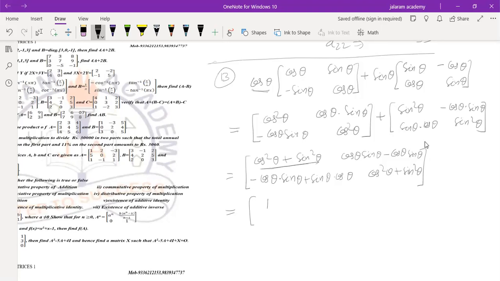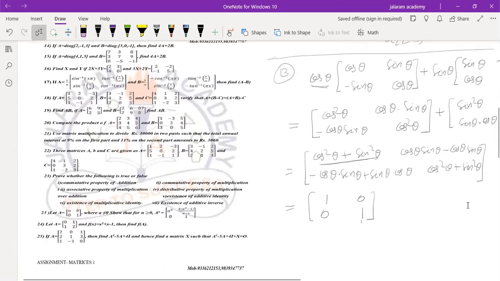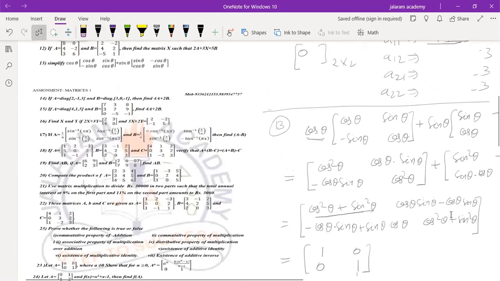Cos theta sin theta minus cos theta sin theta is 0. Minus sin theta cos theta plus sin theta cos theta is 0. And cos square theta plus sin square theta is 1. Is that clear to you? Yes, sir. If anyone has a doubt, first raise your hand only. Don't start asking. Okay, understood? Yes, sir.